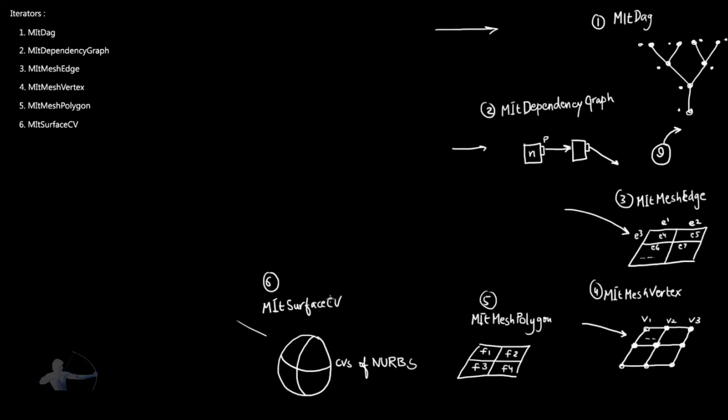When we would discuss deformers, we would discuss that iterator. So now we would go and extend our plugin or the command which we wrote in the previous chapter, and we would use one of the iterators, which is MIT Dag Iterator, and using that we would print out the complete scene hierarchy.